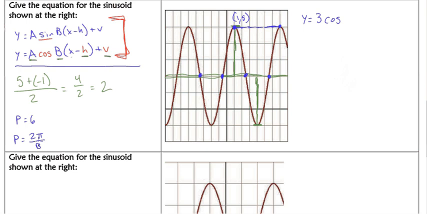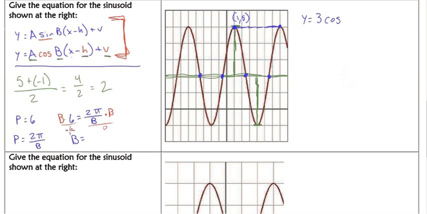All right, so if our period is 6, we have the equation 6 equals 2 pi over B. Multiply both sides by B, then divide by 6.